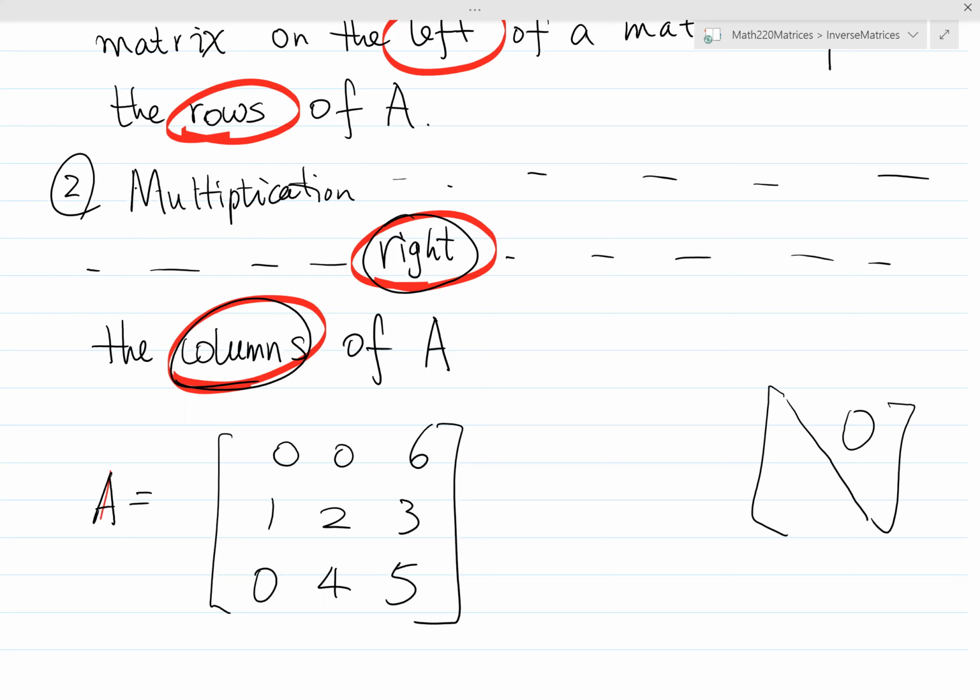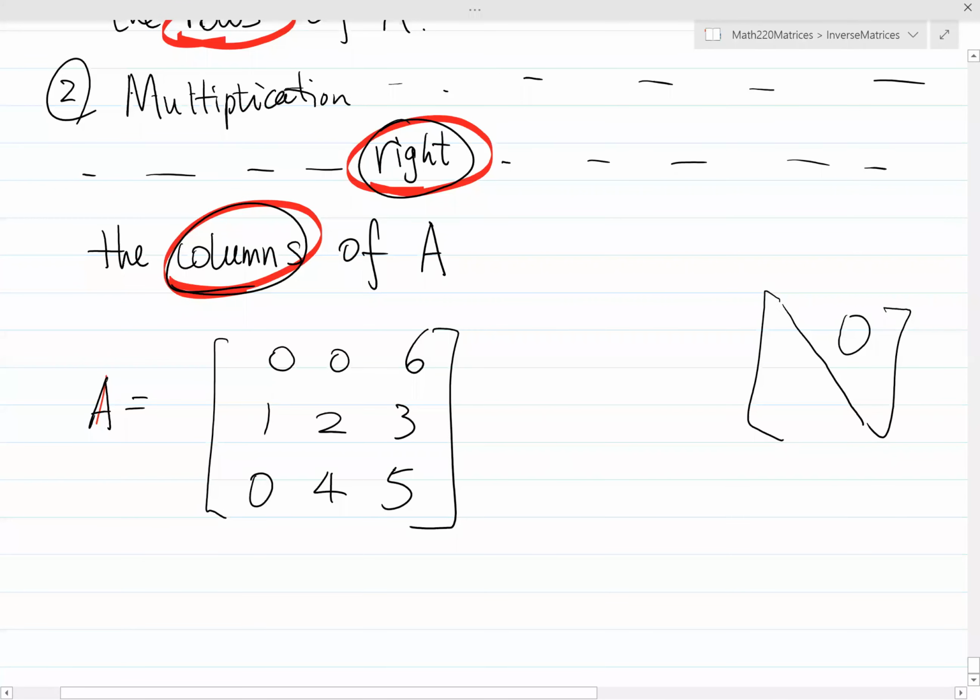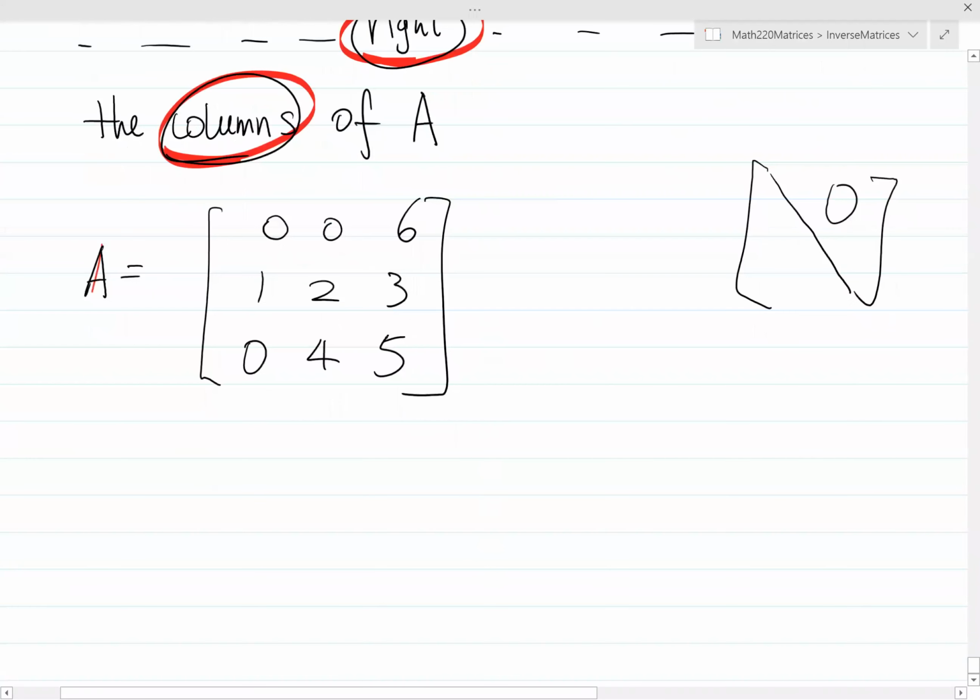So how do we do that? We do column operations. Remember, for column operations, we should multiply the matrix by a permutation matrix on the right.